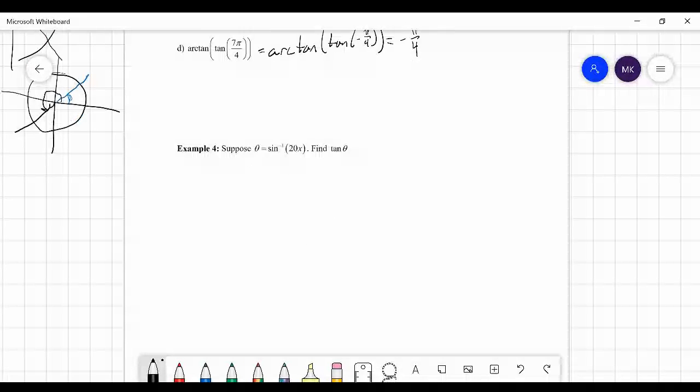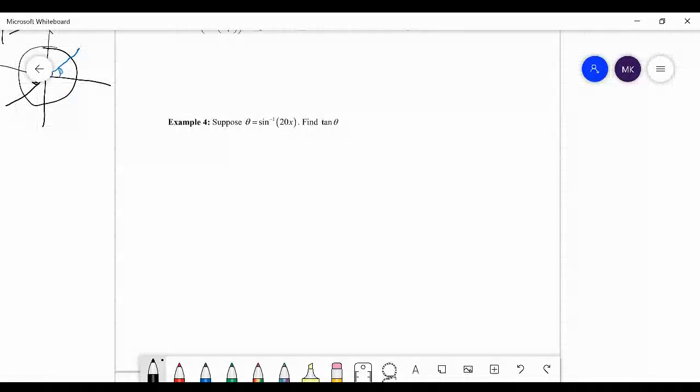Let's do things a little more complicated. If we know that theta is equal to the inverse sine of 20x, we need to find the tangent of theta.